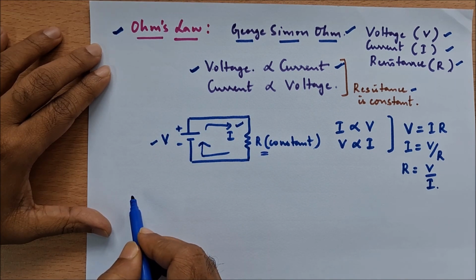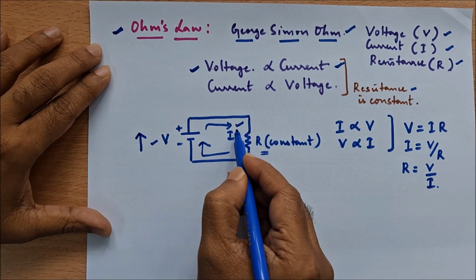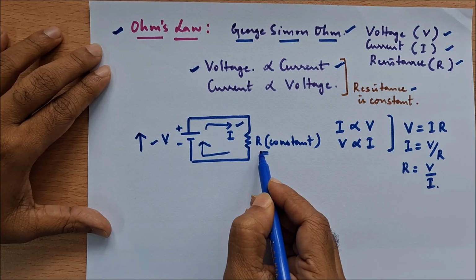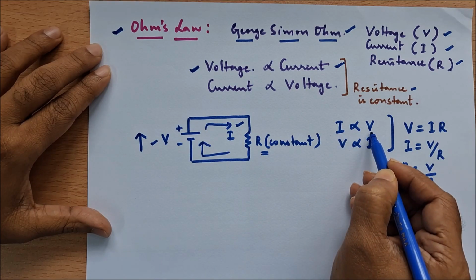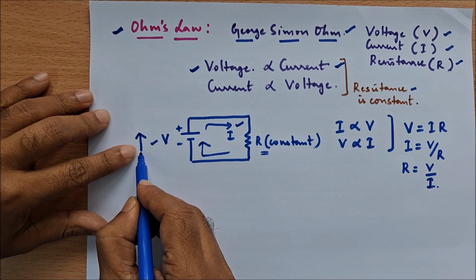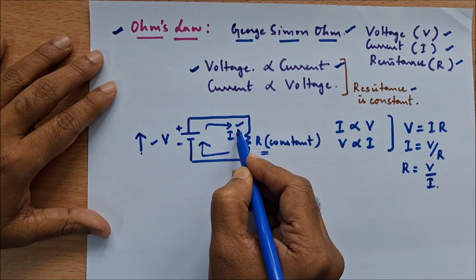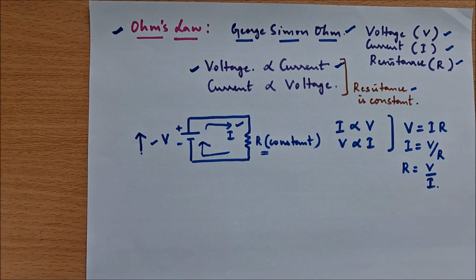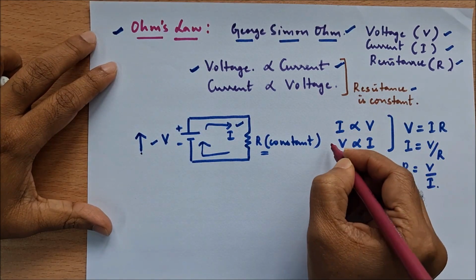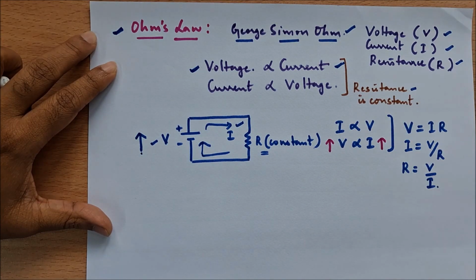In this case we are considering that the resistance is constant. Now suppose the voltage V is increased, then what happens to the current I? Because the resistance is held constant, and the current and the voltage are linearly proportional to each other, if the applied voltage increases, the current flowing through the circuit also increases.